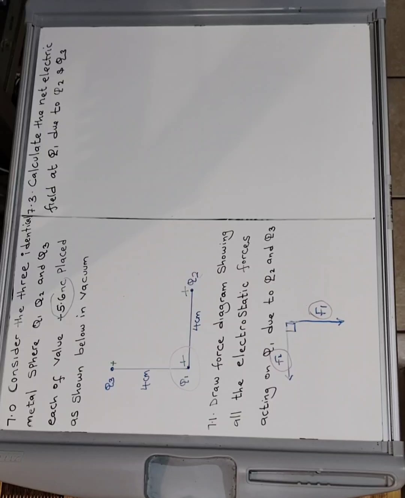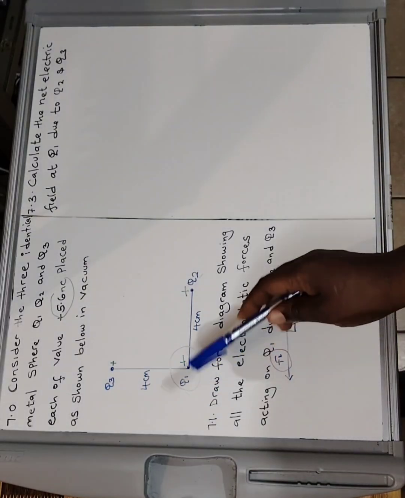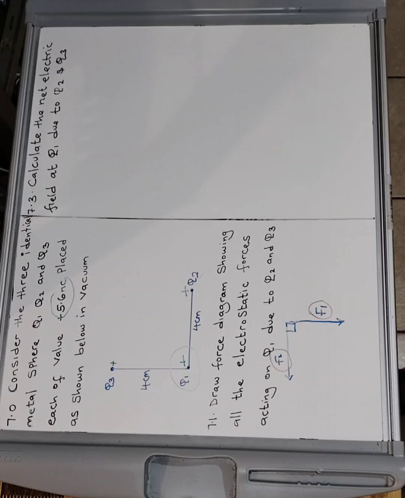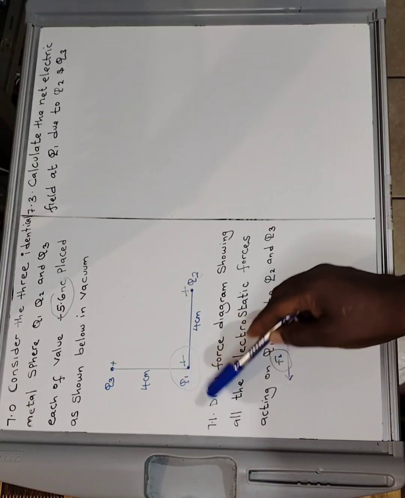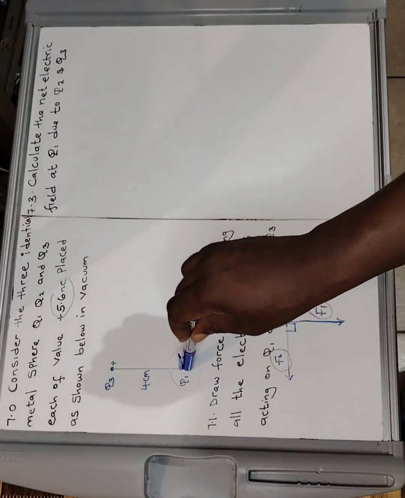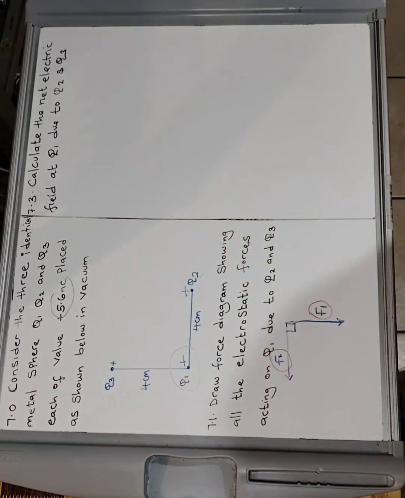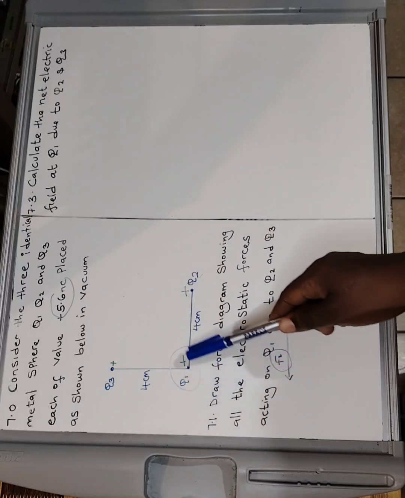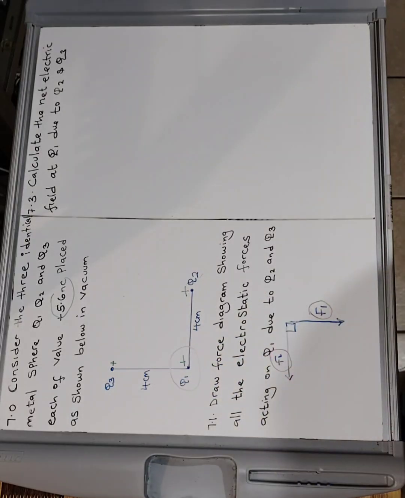Then comes the next question. It says, calculate the net electric field at Q1 here due to Q2 and Q3. If you are calculating the electric field at a point where there is a charge, it means that this charge has lost its influence.